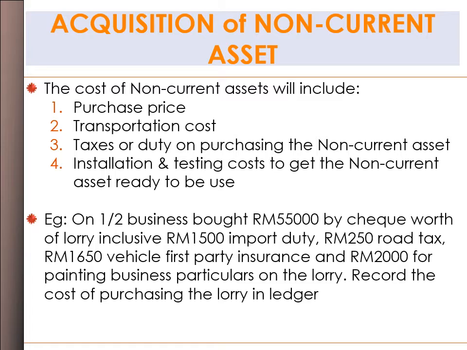Those are, let's say, not recurring expenses. For example, the insurance and road tax. Those two are recurring expenses for the lorry, so they will not be included in the actual cost of that particular asset.